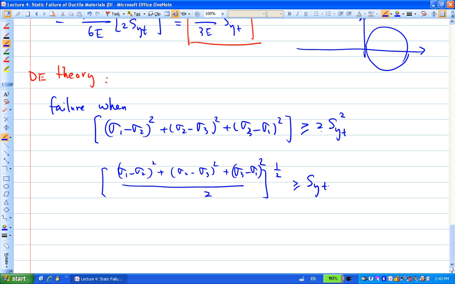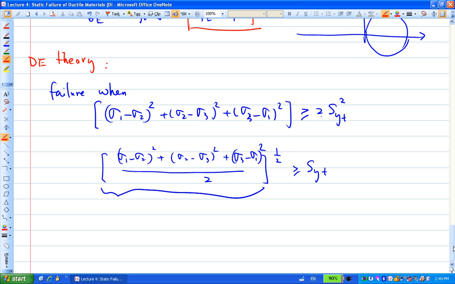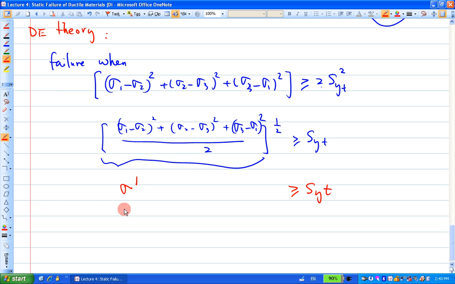This side is defined as a new symbol, sigma prime. So essentially now you're comparing sigma prime with SYT. The sigma prime is named after the discoverer of this theory, so sigma prime is called von Mises stress.